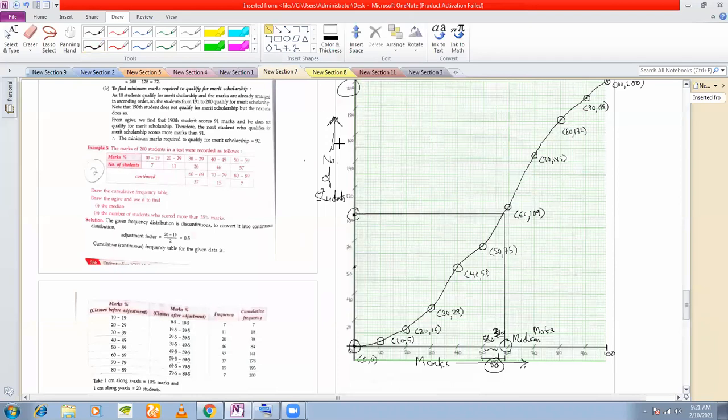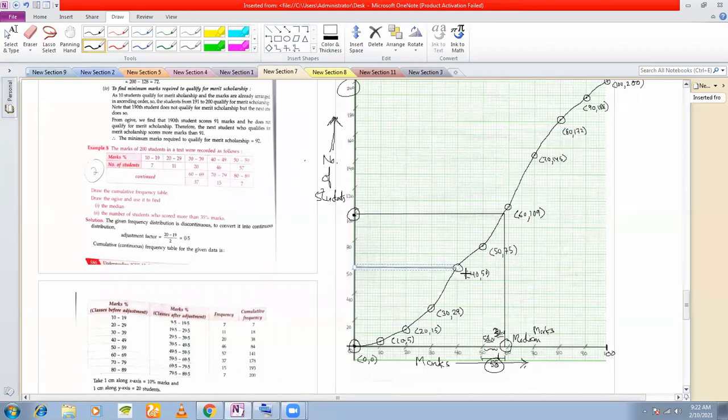Now exactly as I had done for the median, from here, with the help of a scale, you will draw a line and join it to this curve. Now from where this line that you have drawn intersects the curve, from that point you will draw a perpendicular on the x-axis.